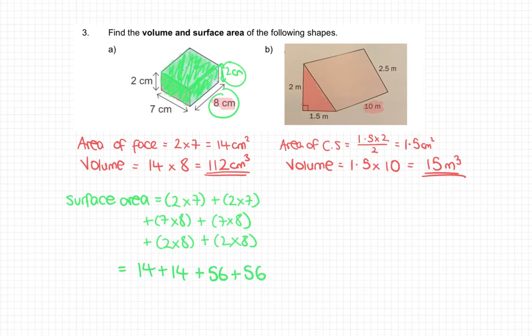And then the 2 sides are 2 times 8 and 2 times 8, so that's plus 16 plus 16. If we add those all together, we get 172 centimeters squared for my surface area.